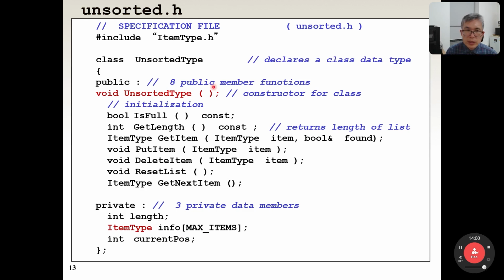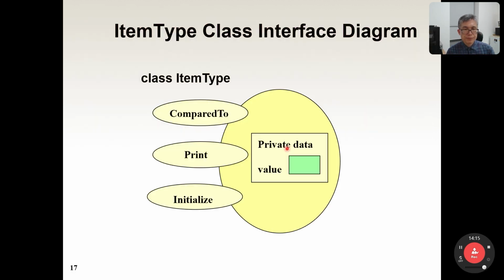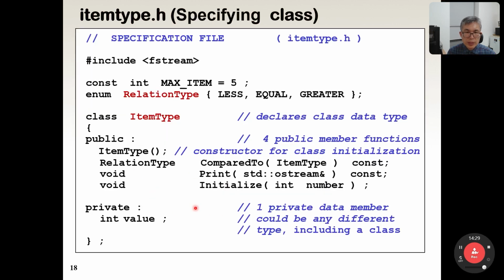The class UnsortedList includes list item type info, which is an array, and each item is an ItemType. Each ItemType node has the variable and also public functions such as compare, print, and initialize.